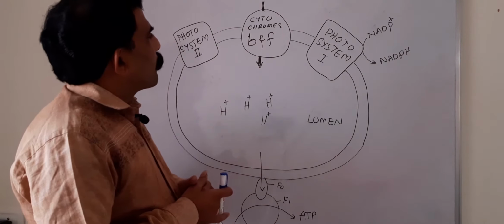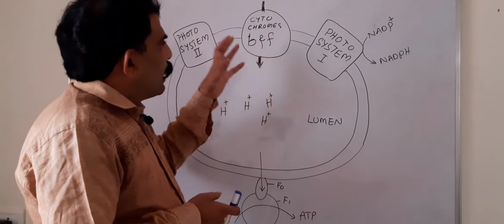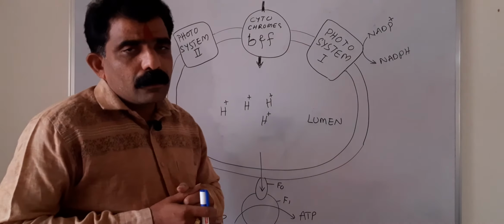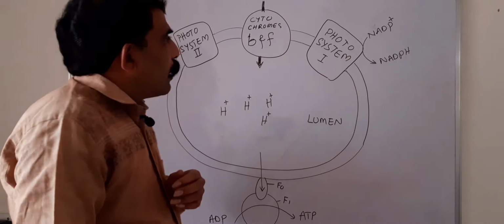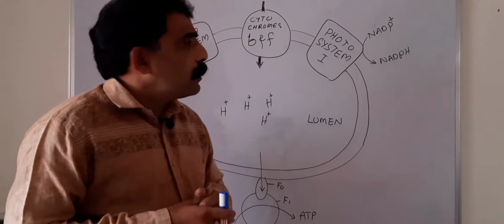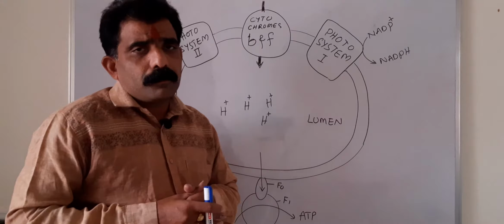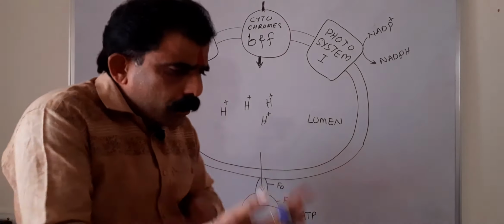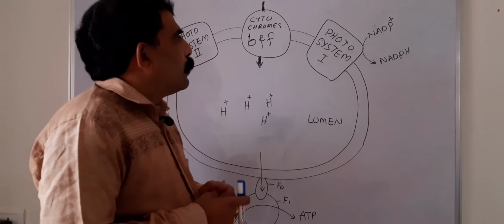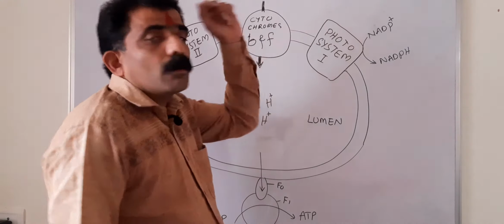The electrons are received by that pheophytin, which transfers them, rather than to an electron transporter, to a hydrogen transporter, which is nothing but plastoquinone. When plastoquinone accepts the electrons from the pheophytin, it also accepts protons from the stroma.